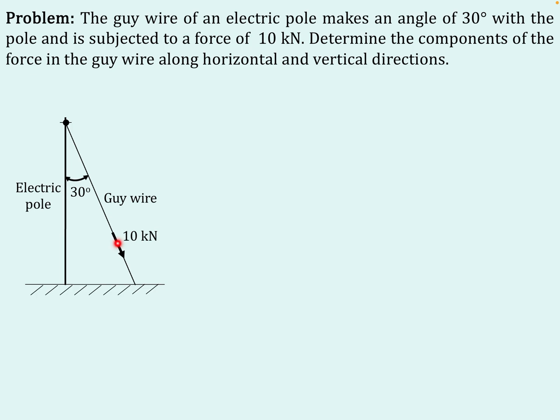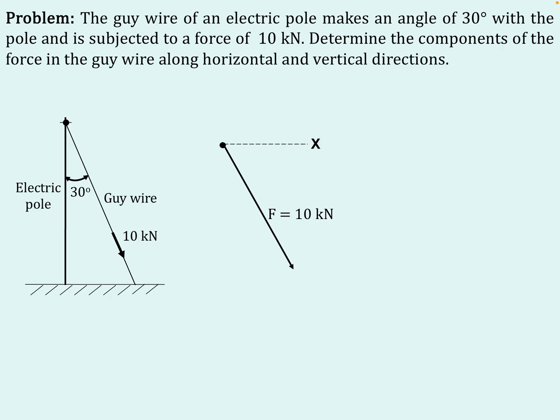So this is the force which is acting in the guy wire. This force has to be resolved into its horizontal and vertical components. That is the meaning. So let us take the force. Now we know that the given force should be made to represent the hypotenuse of a right angle triangle. So with the force, how to get the right angle triangle? This is the point of application.